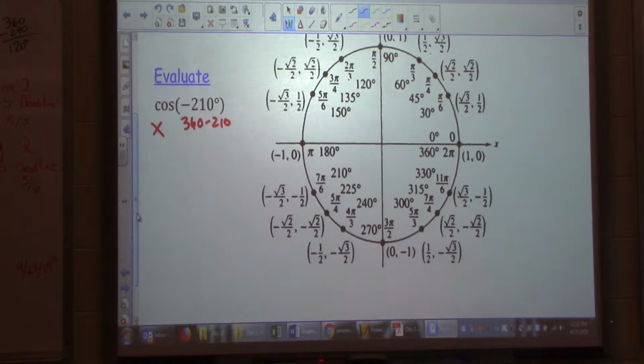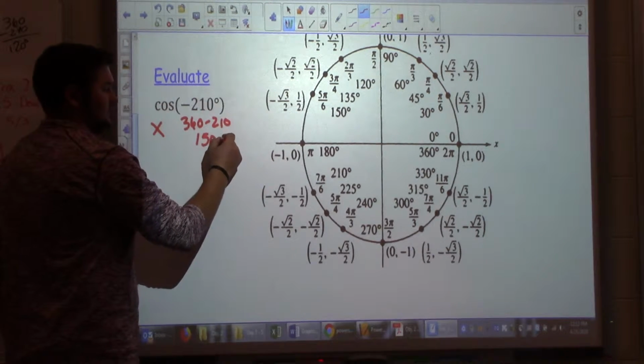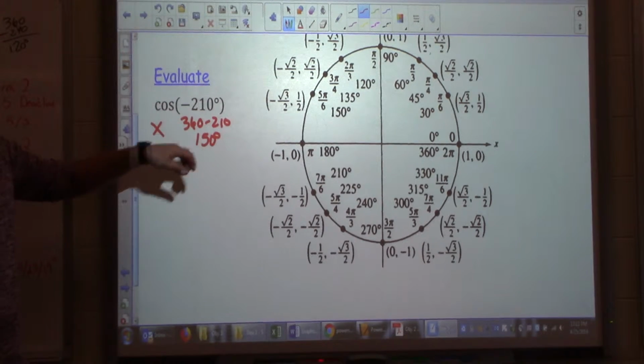The whole thing's a circle, so if I subtract the negative value off, I'm left with the positive. So 360 minus 210 should give me my positive angle measure, which should be 150 degrees.